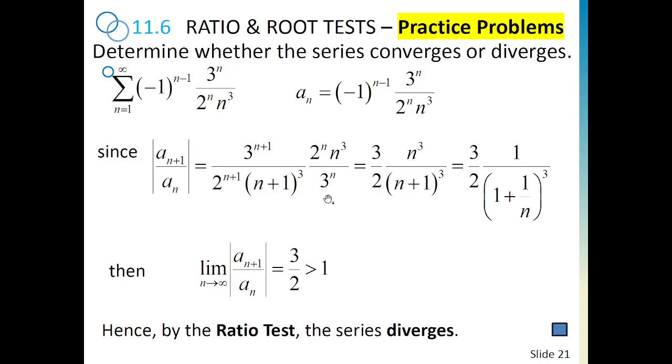Again, a double fraction, we expand a little bit, and we have the double fraction. Here, what we see is we have 3 over 2, and then we need to compute the limit for this term, because 3 over 2 is a constant, it's not going to change anything. So the limit here will be 1. So we have 1 times 3 over 2, which is 3 over 2, which is bigger than 1, 1.5 is bigger than 1. Therefore, by the ratio test, this series is divergent.